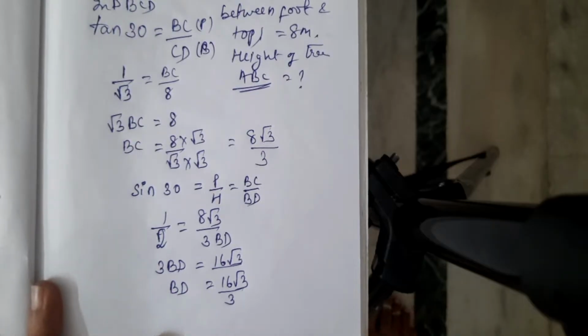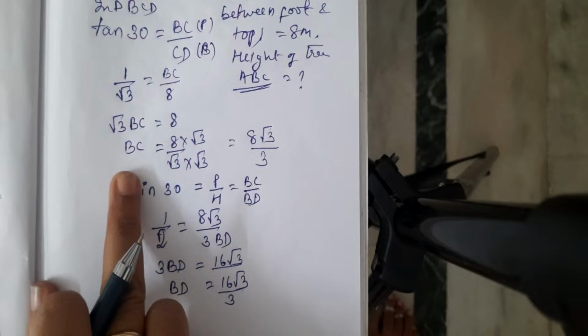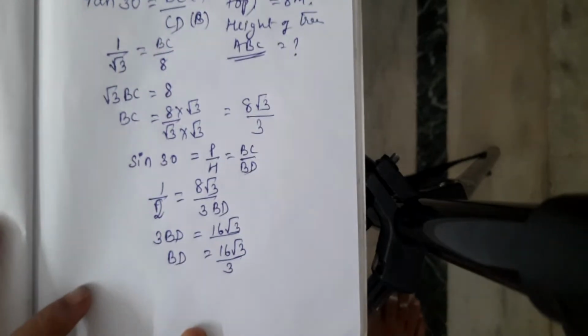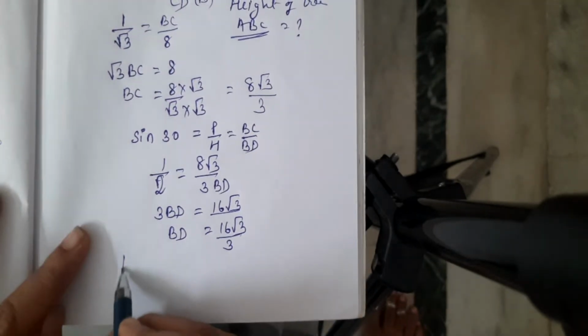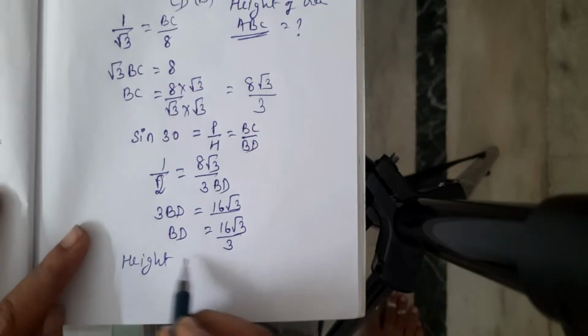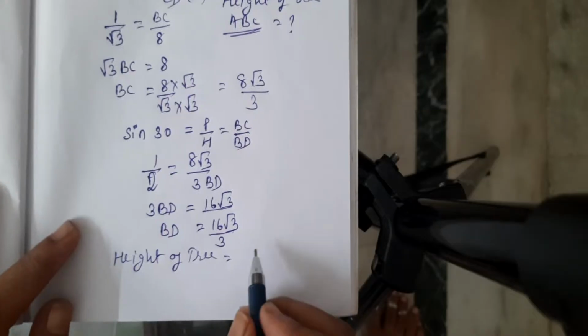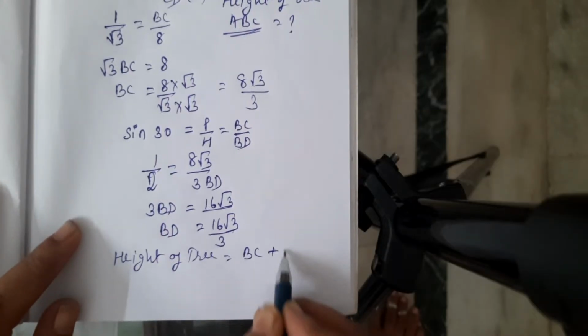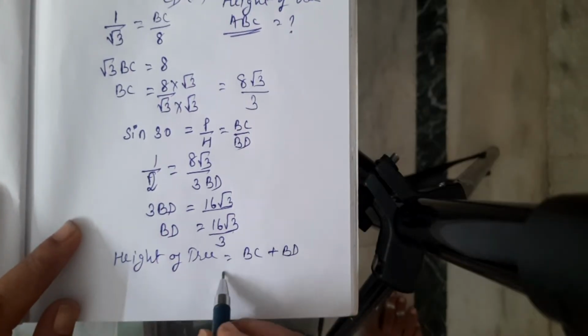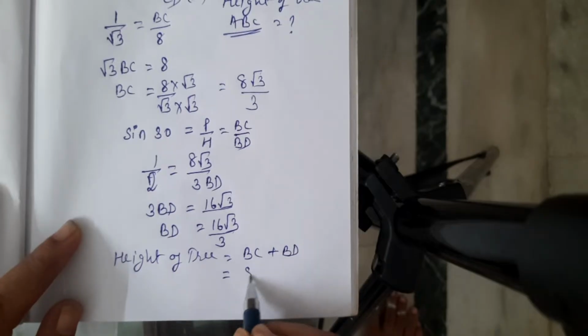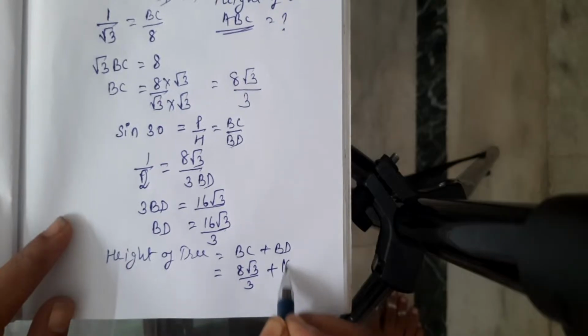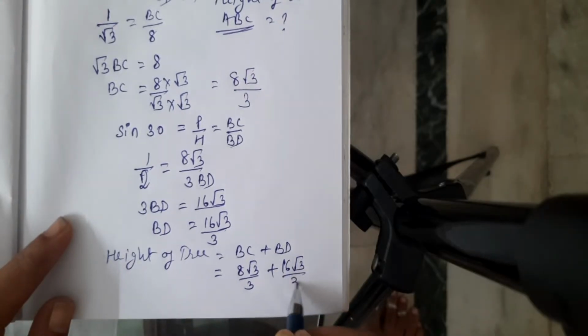We got the value of BC. To get the height of the tree, we need to add them. Height of the tree is BC plus BD. We got BC as 8 root 3 by 3 and BD as 16 root 3 by 3.